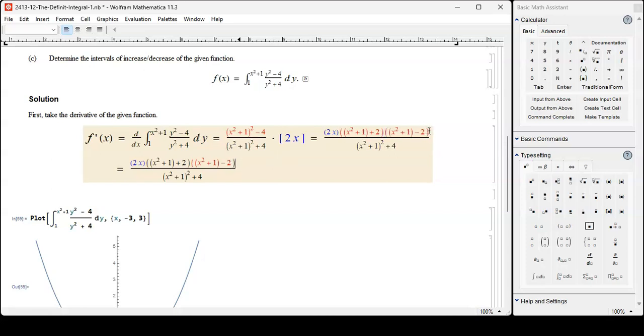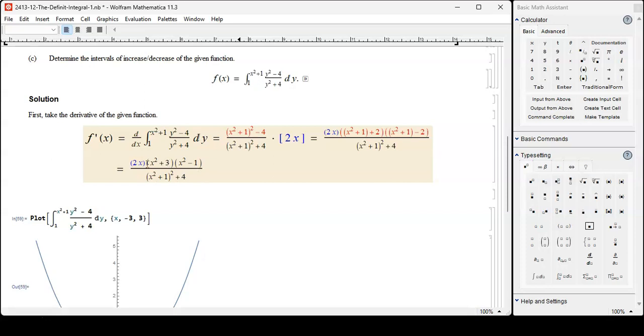Oh, come on. x squared plus 1 plus 2, so plus 3. x squared plus 1 minus 2, so minus 1. We can rewrite like this.